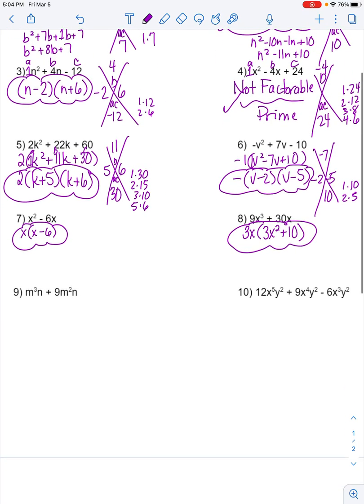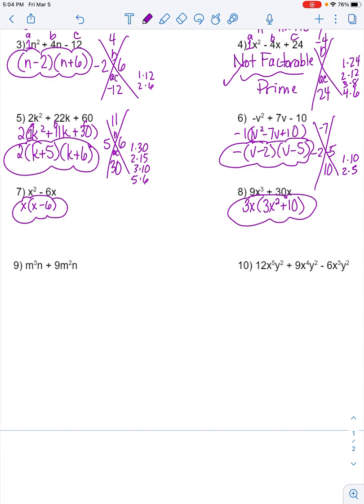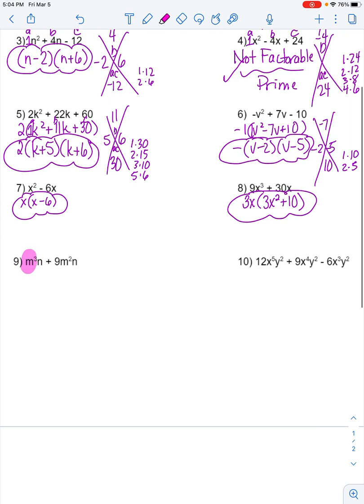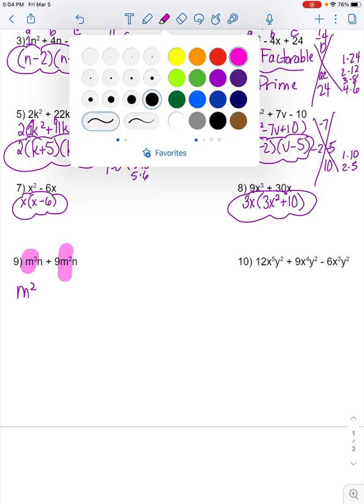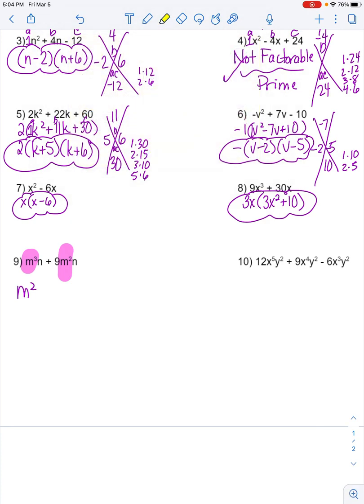Take a look at number 9. I have m to the third n plus 9m squared n. So there are no numbers that I can factor out, but I do notice I have 3 m's here and 2 here. So I can factor 2 of them out. I also have an n here and an n here.